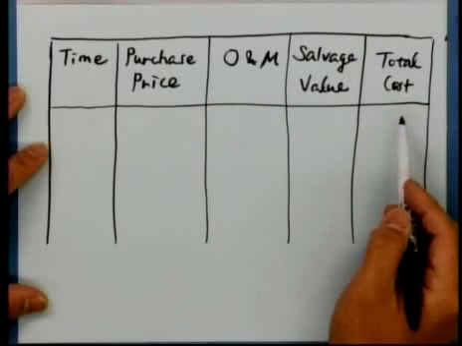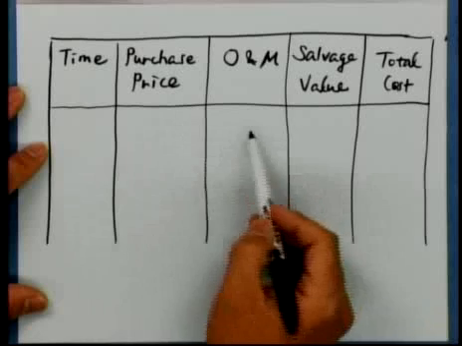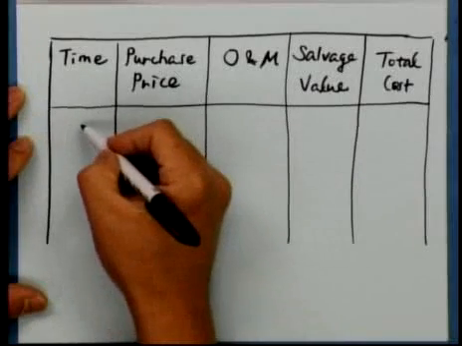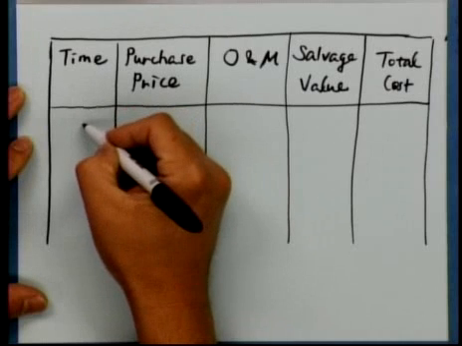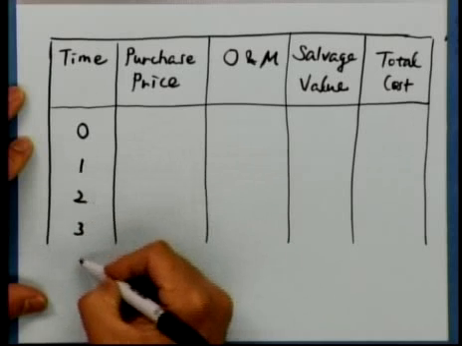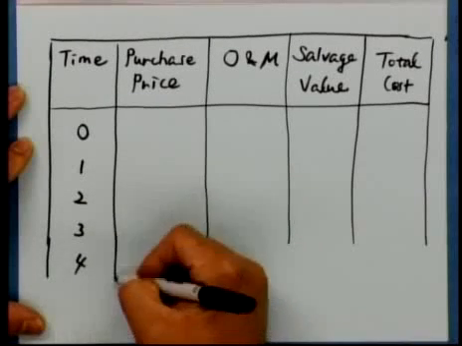Basically, what you're going to do here is just add up all these 3 values, okay? And at the end of period 0, 1, 2, 3, and 4, right?